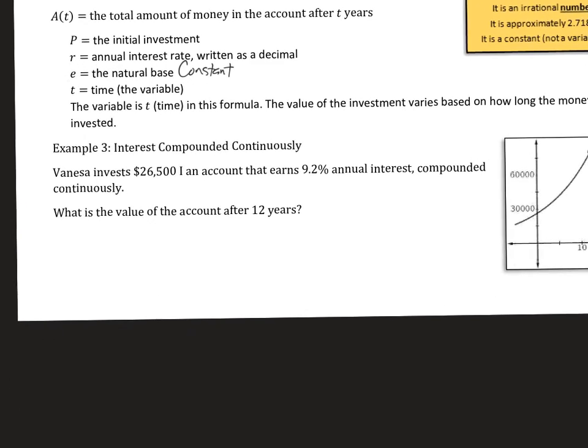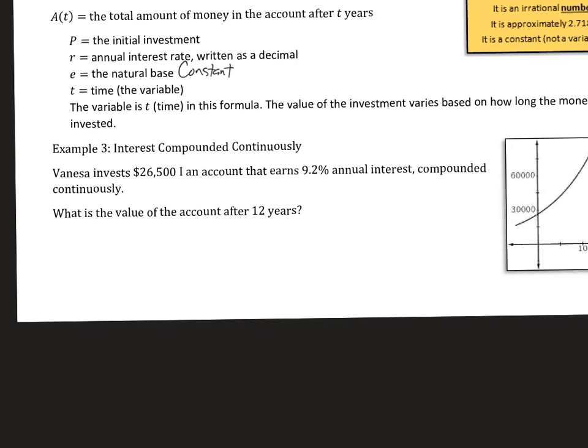Okay, so Vanessa invests $26,500 in an account that earns 9.2% annual interest, compounded continuously. What is the value of the account after 12 years?